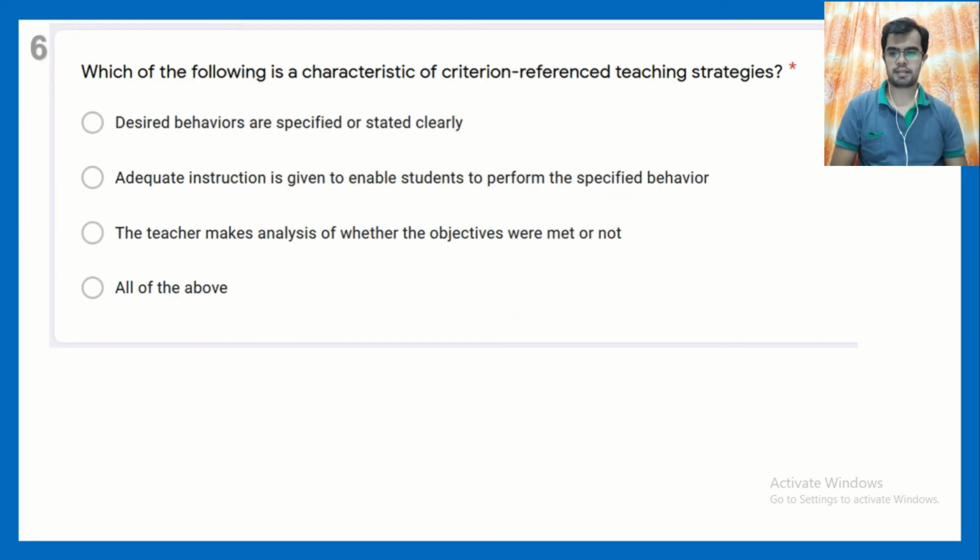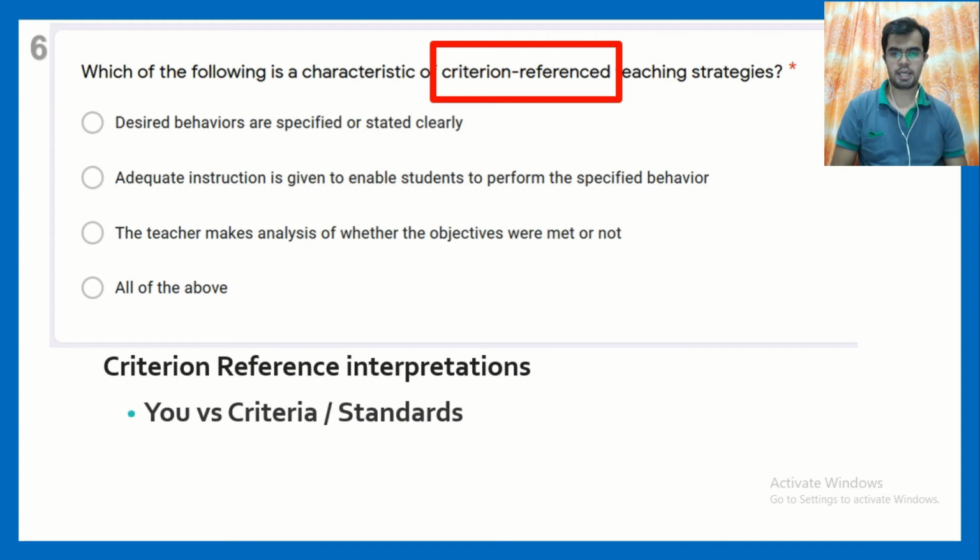Number 6. Which of the following is a characteristic of criterion reference teaching strategies? The keyword here is criterion reference, which means you versus the standards or criteria, or your performance will be compared to the criteria or standards.